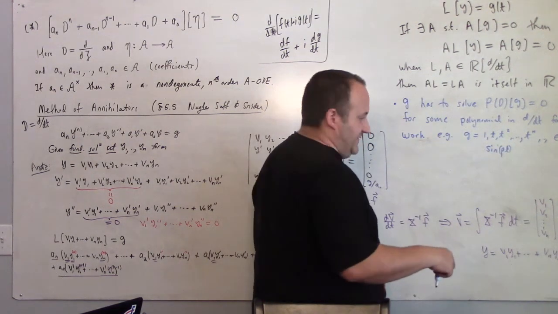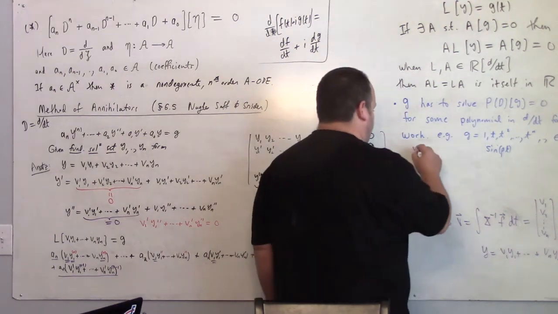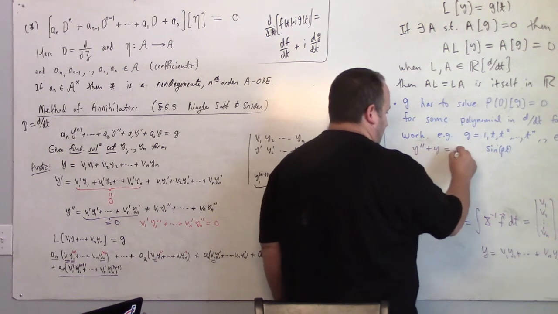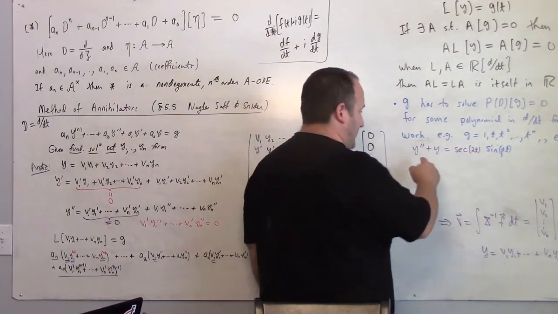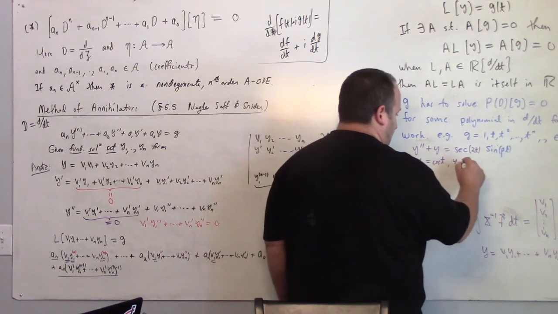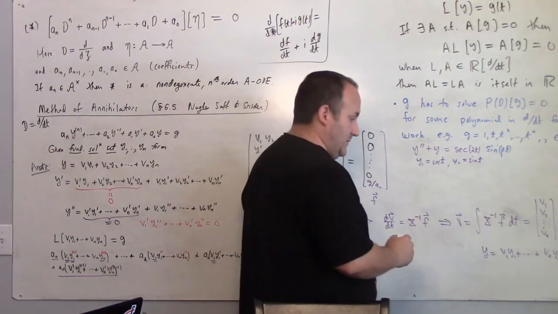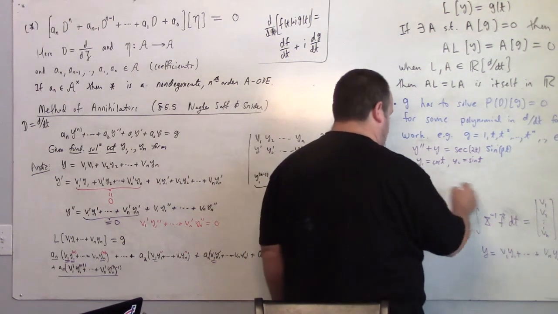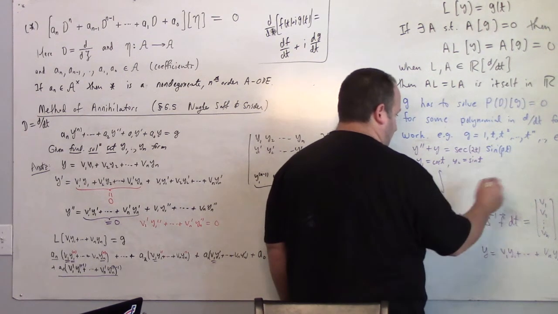Just to be more specific, take the problem y'' + y = sec^2 t. This has y1 equal to cos t, y2 equal to sin t. So v should be the integral of X inverse f. What is X?